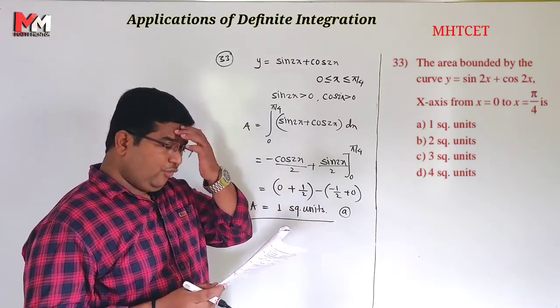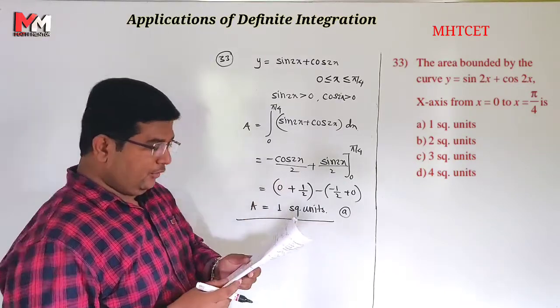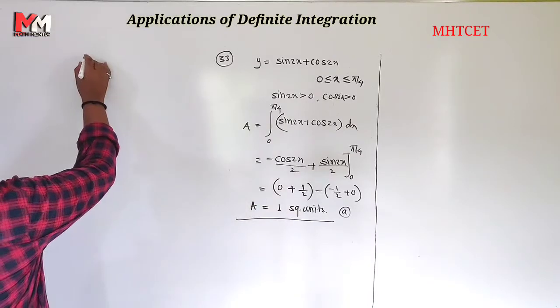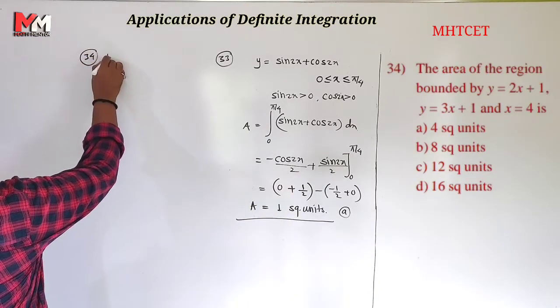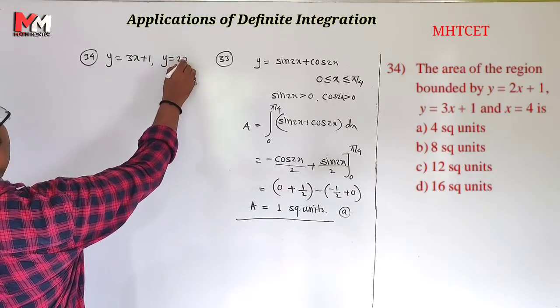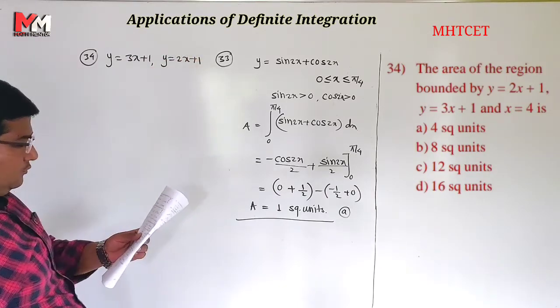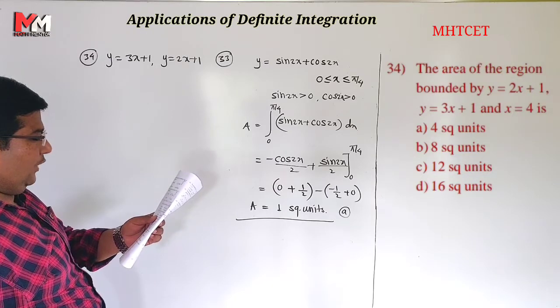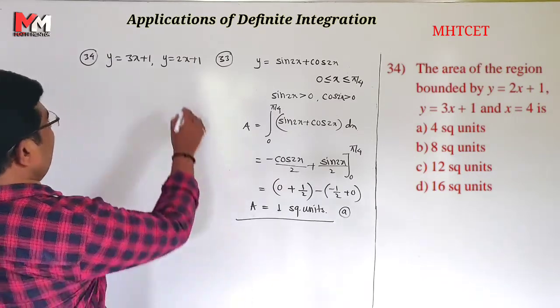Now MCQ number 34. The area of the region bounded by the curves y is equal to 3x plus 1 and y is equal to 2x plus 1, and the line x is equal to 4.